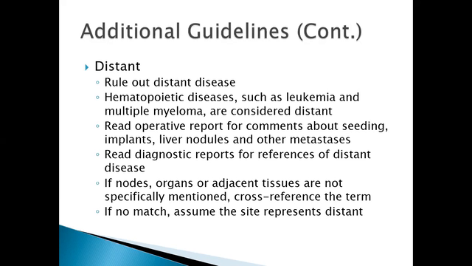Now, hematopoietic diseases such as leukemia and multiple myeloma are considered disseminated or distant at the time of diagnosis. So anytime you have a leukemia or a multiple myeloma, it's 7. It is what it is. That's what has to be assigned, okay? So those are also easy cases to assign the summary stage to.